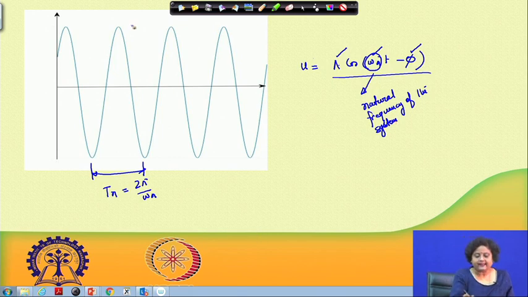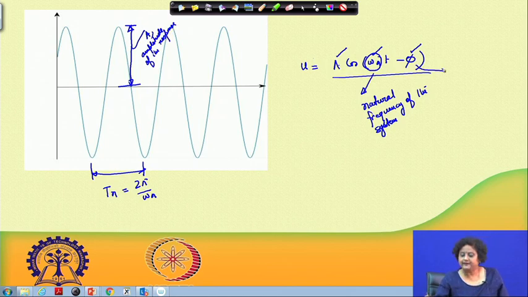And A, which is the maximum value of the response u(t), is called the amplitude of the response. And φ is called the phase angle of the response.